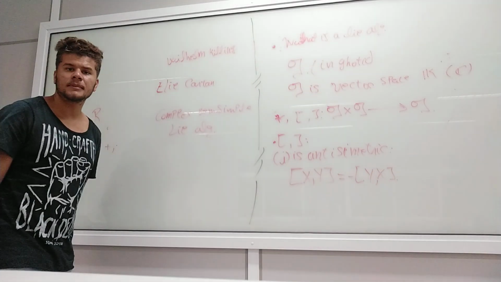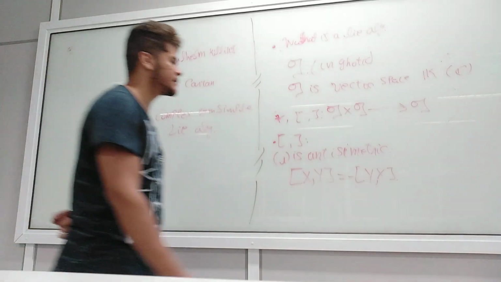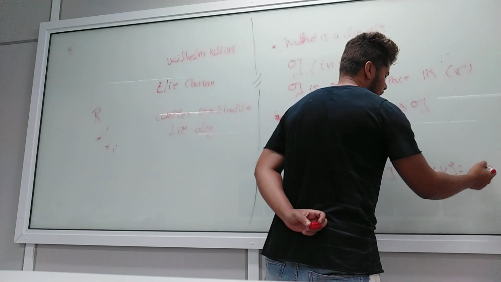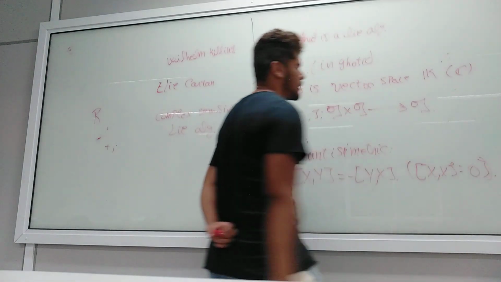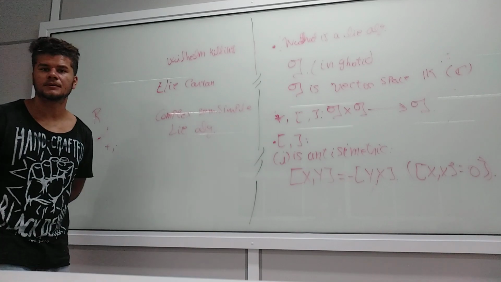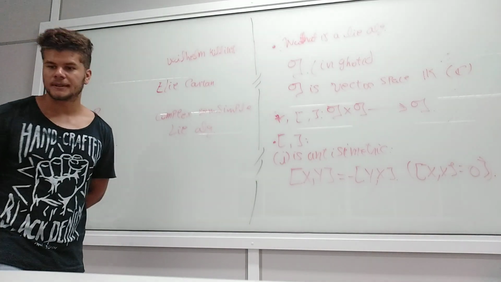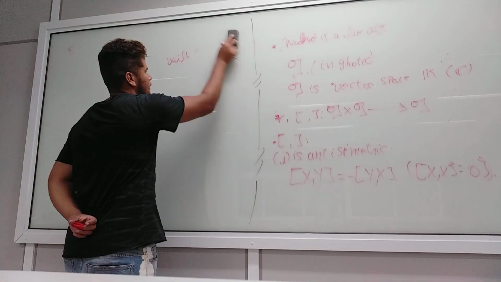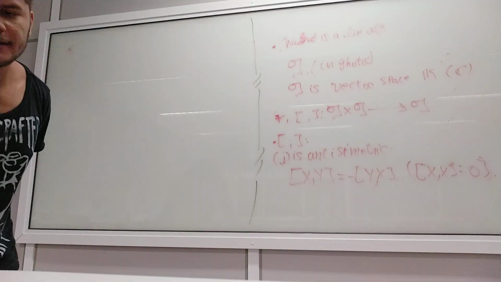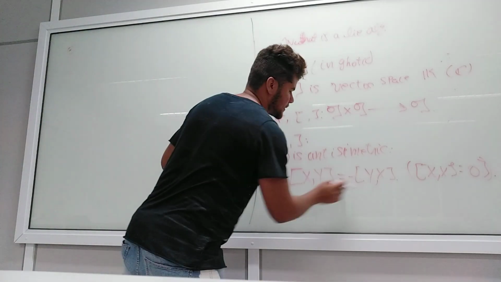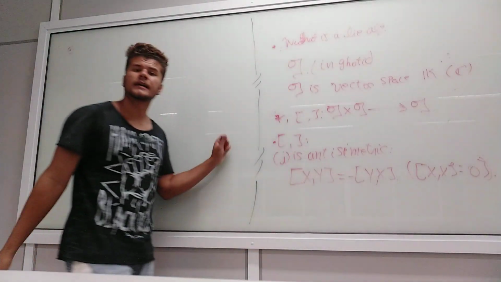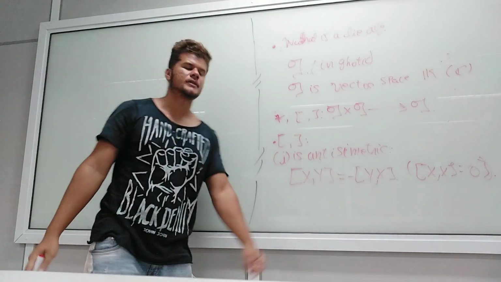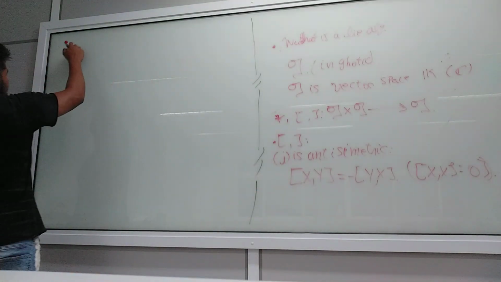This condition can be replaced by the condition that the Lie bracket of x with x is zero, and if you think a lot, you can prove that the two conditions are equivalent. So I leave it to you as an exercise.